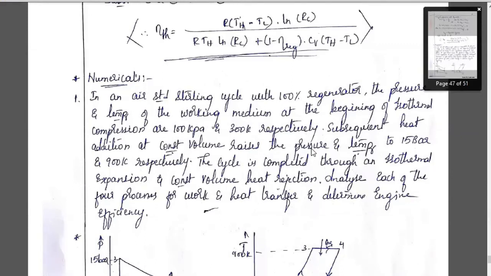So mainly concentrate on the three cycles, auto, diesel, dual, and the problems on them. Whatever the question papers from 2000 to 2020, you take them out, you can observe a compulsory question on auto, diesel, dual problems. The Stirling cycle was asked one time, in one of the complementary exams, and there they asked for the Stirling cycle derivation, not even the problems. So always concentrate more on the three types: auto, diesel, dual problems.